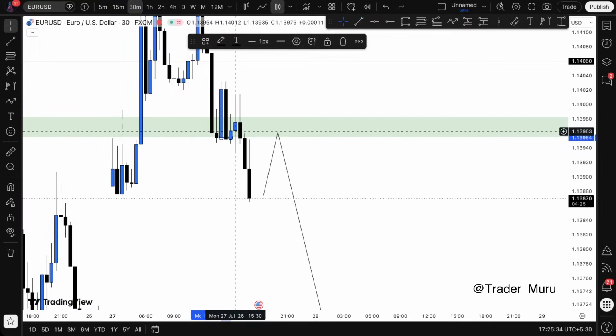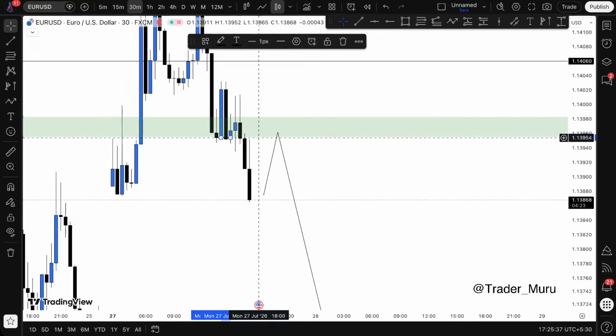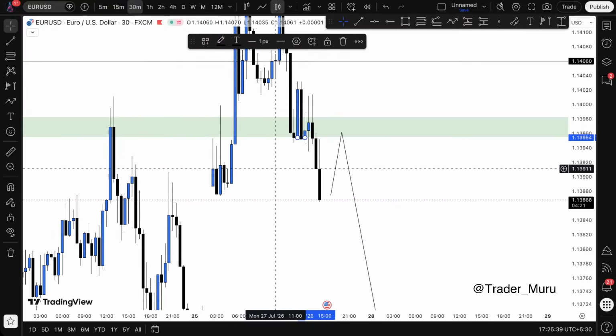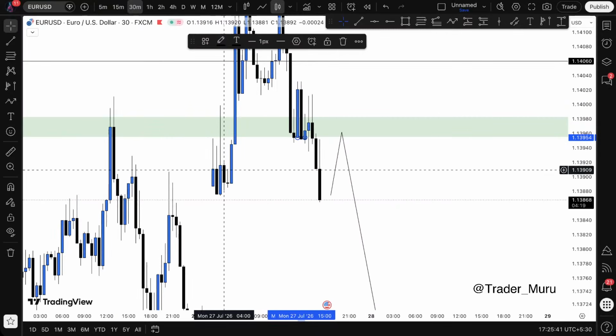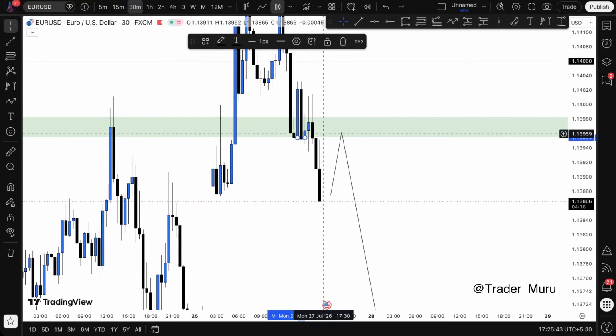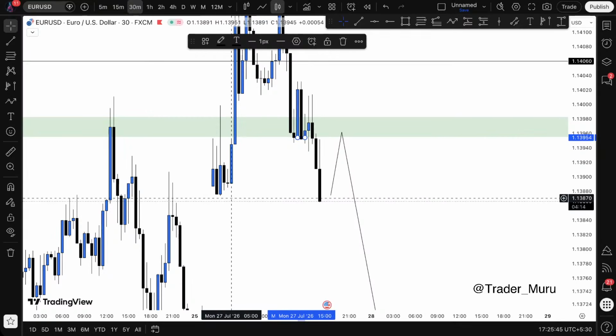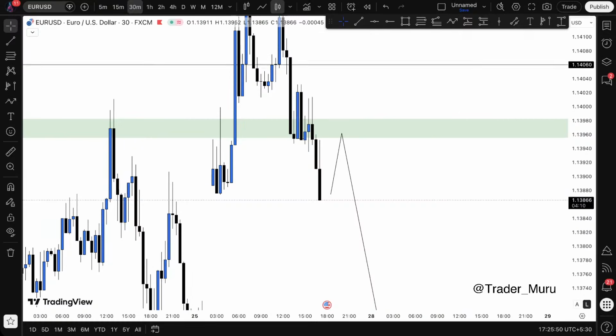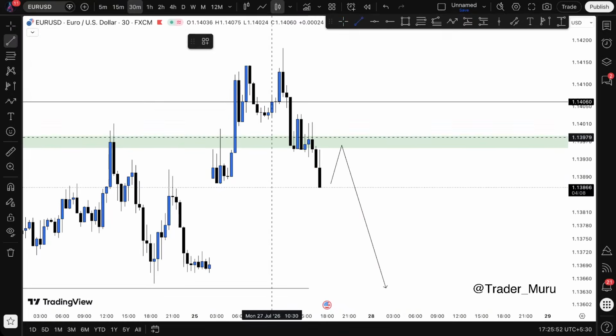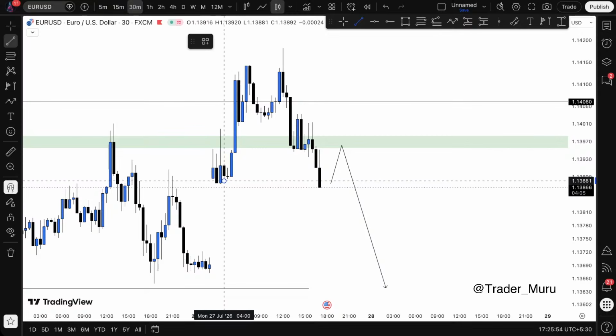Okay, we already have a test. Price has dropped. Now it might not get a test here. It will break below here, test here and drop again from this area.